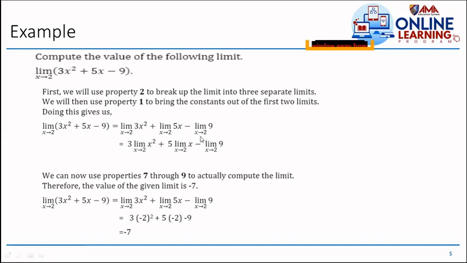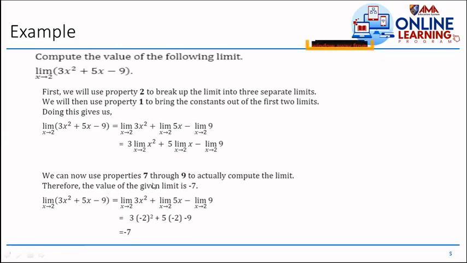Okay? So, alam na natin yung rules of limits. Pwede na tayong mag-substitute agad ng limit natin dun sa variable po natin. So, we have 3 limit x squared plus 5 limit x minus limit 9. No? So, isusubstitute na natin.